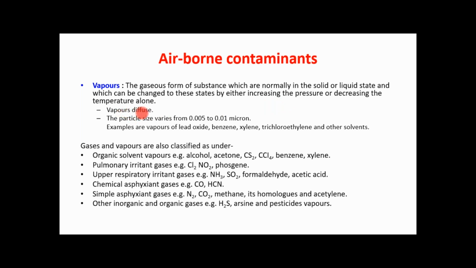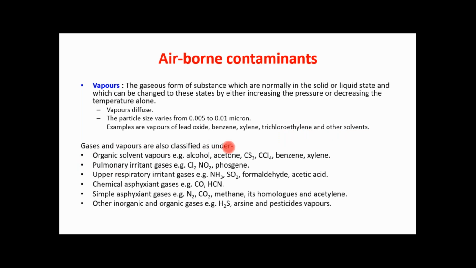Vapors diffuse, and the particle size of these vapors ranges from 0.005 to 0.01 micron. Examples of these vapors are lead oxide, benzene, xylene, trichloroethylene and other solvents. So when we are talking about solvents, all these solvents can be vaporized in the air depending on the temperature and pressure conditions.